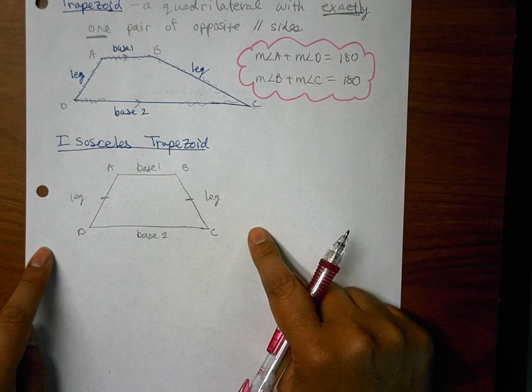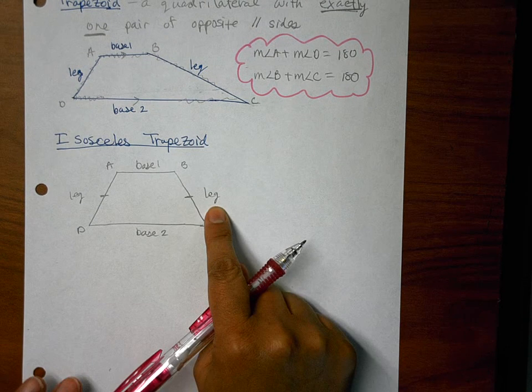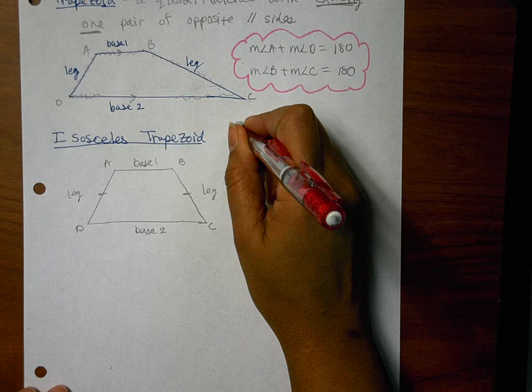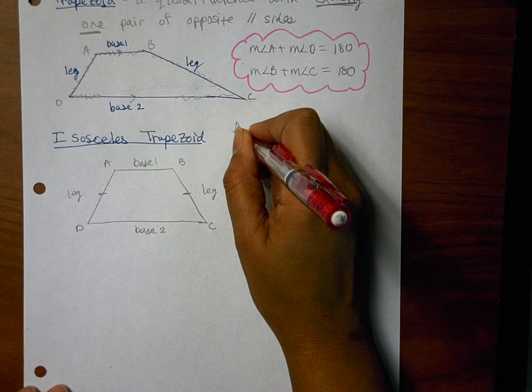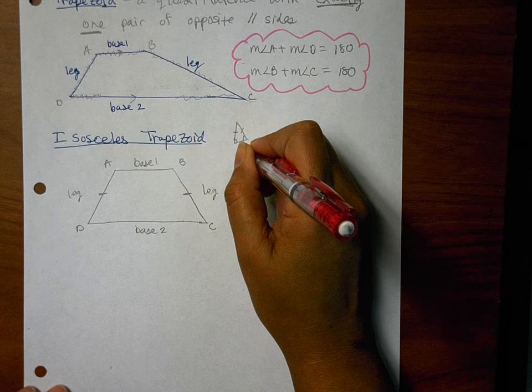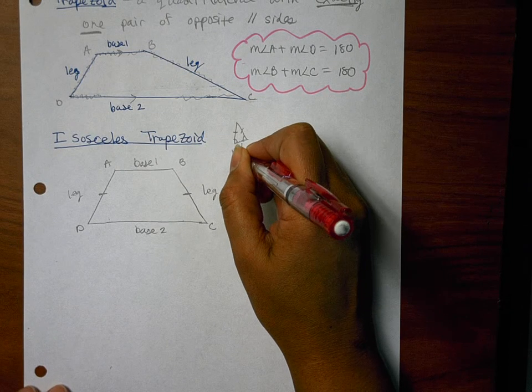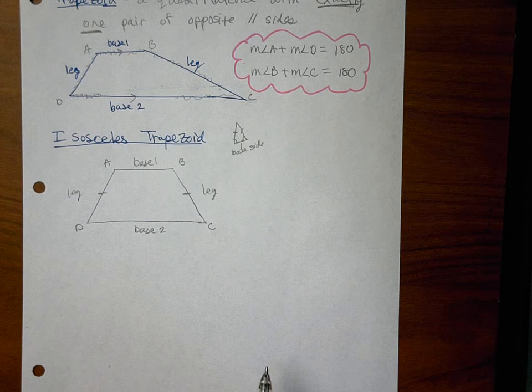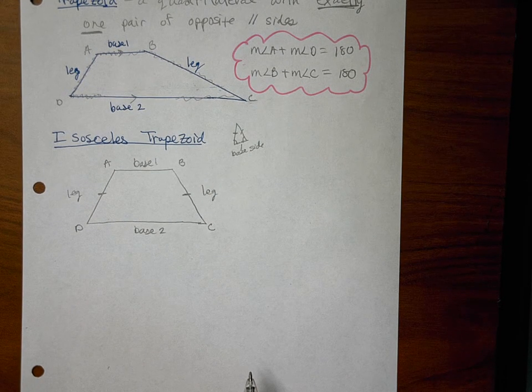Up here they were not. This is just a regular old trapezoid. If it's a special isosceles trapezoid, the legs are congruent. Okay, so remember, this is our isosceles triangle from a previous unit. Those were the congruent angles, and this side right here was called the base side. Okay, we're going to talk about that in a little bit.